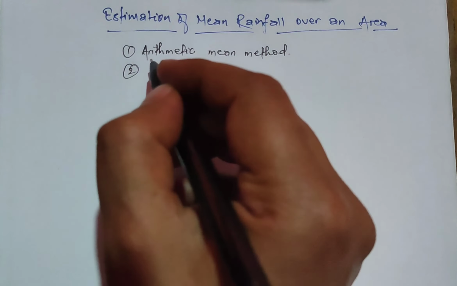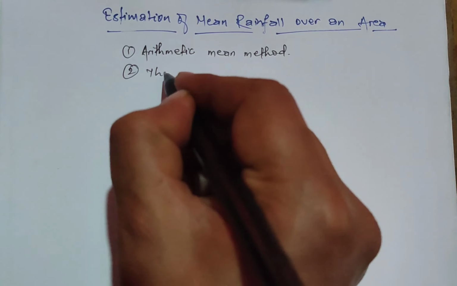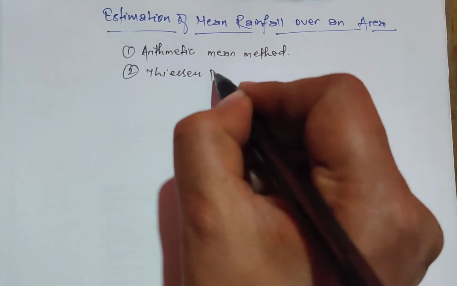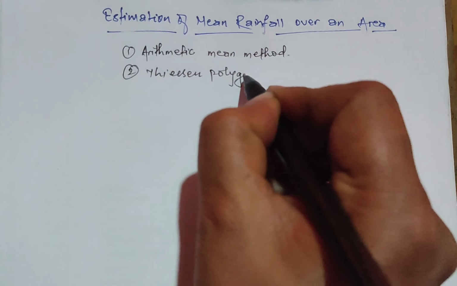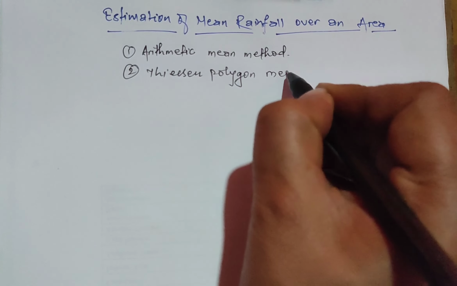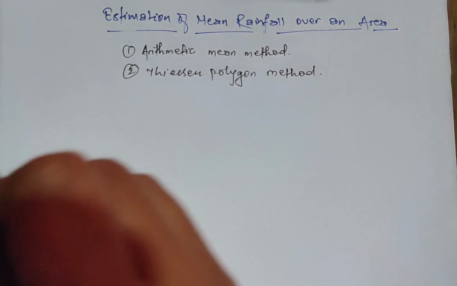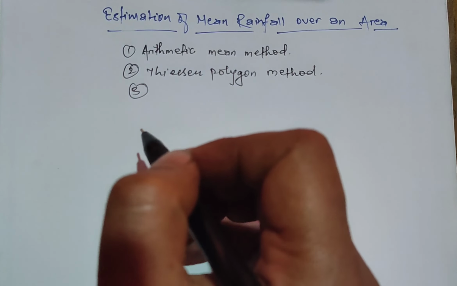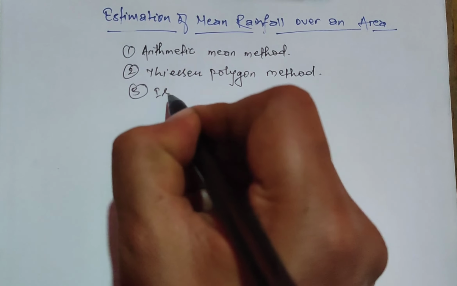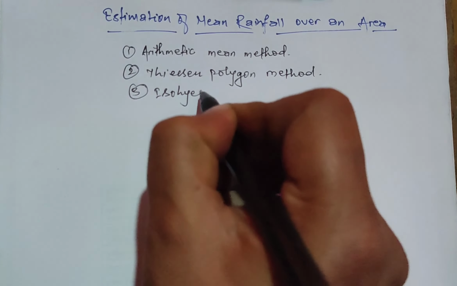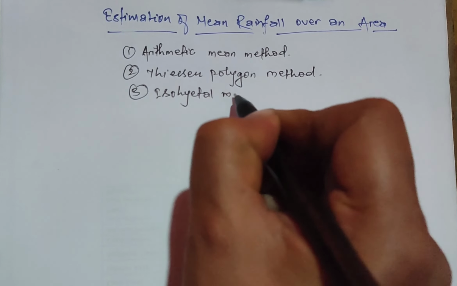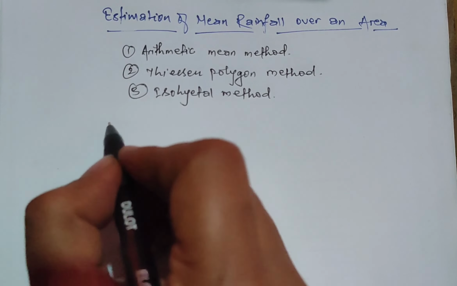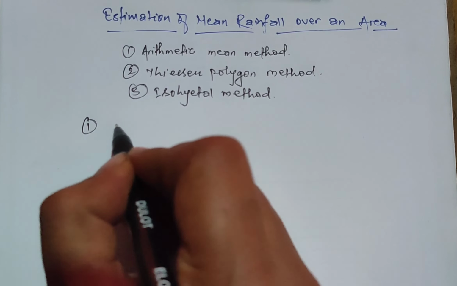In second we will be talking about the Thiessen Polygon Method, and in the third we will be talking about the Isohyetal Method.